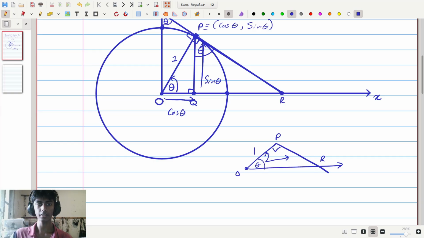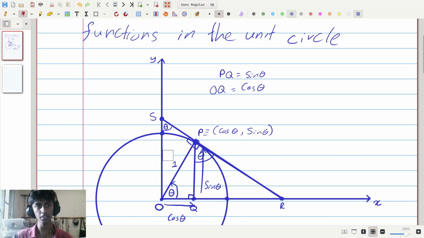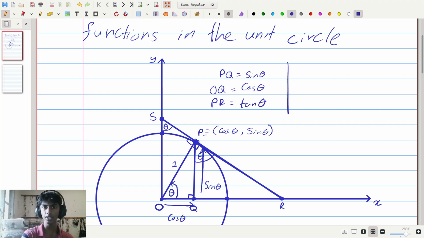Therefore PR is tan theta. So from this it's clear that PR is tan theta. I'll go up there and write PR equal tan theta in the same place that I wrote the other two.